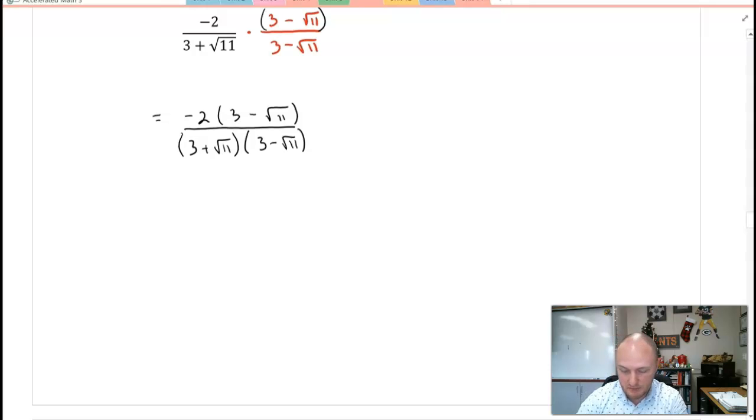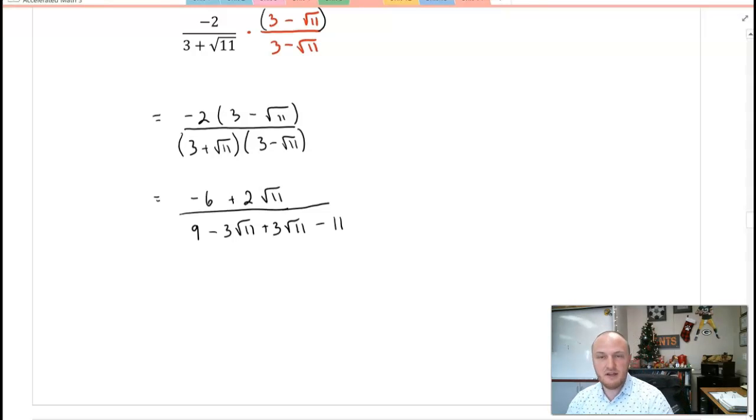You're just multiplying involving radicals. So we get negative 6 plus 2 root 11 all over 3 times 3 is 9. 3 times negative root 11 is negative 3 root 11. Root 11 times 3 is a positive 3 root 11. And square root of 11 times square root of 11 is a negative 11.